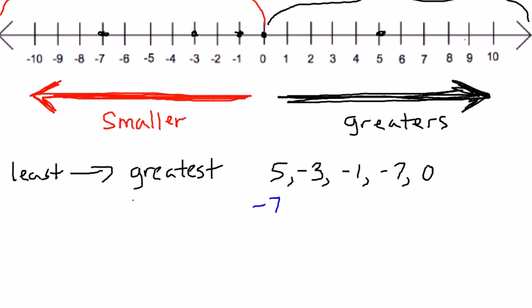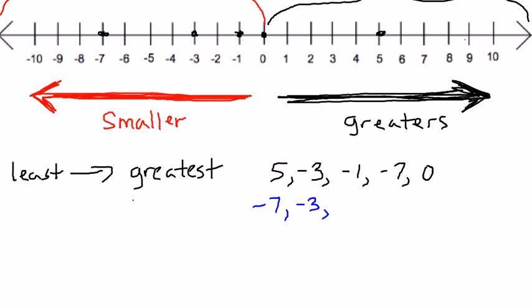Moving from left to right, because remember, the integers get greater and greater as we move further and further to the right, our integers will become progressively larger. So to the right of -7, we have -3. So -3 is the next smallest number.